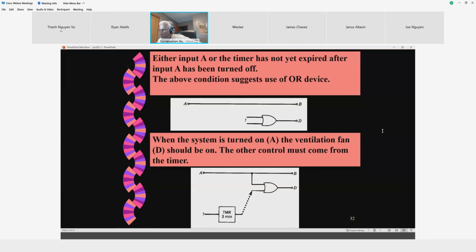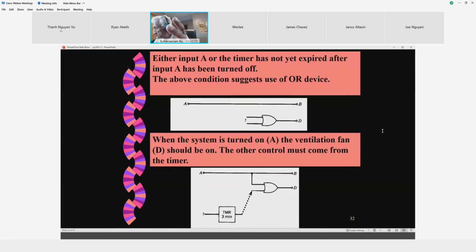The timer needs an input, and the input, when it is sustained for the period that the timer has been programmed, will get the timer's output to be a true at the time expiry, as long as the input is true.